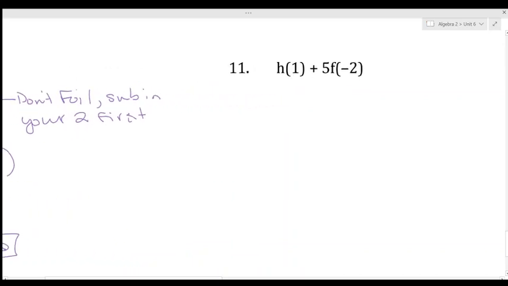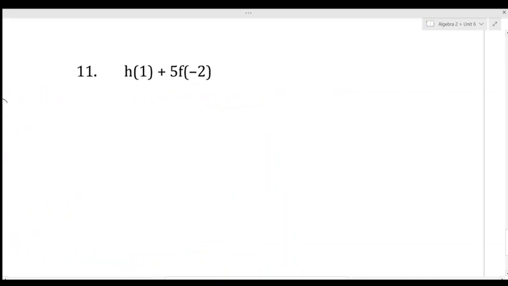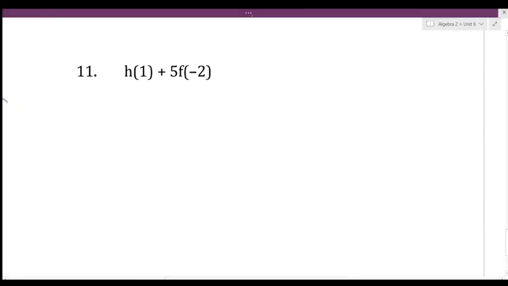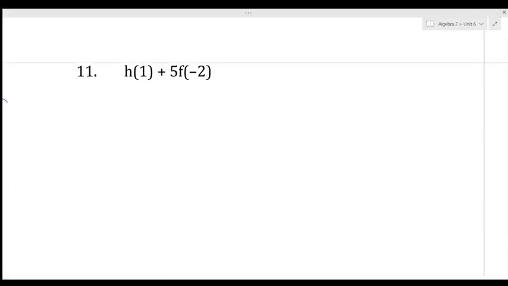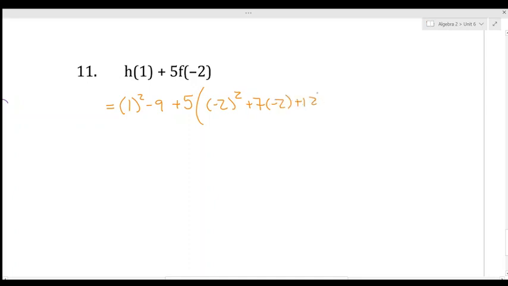All right, here we go. Looking at 11, we have h of 1 plus 5 times f of negative 2. I'm going to be quick about this because we should have the hang of it by now. Our h of x, remember, was x squared minus 9. So we have 1 squared minus 9 plus 5 times negative 2 squared plus 7 times negative 2 plus 12.